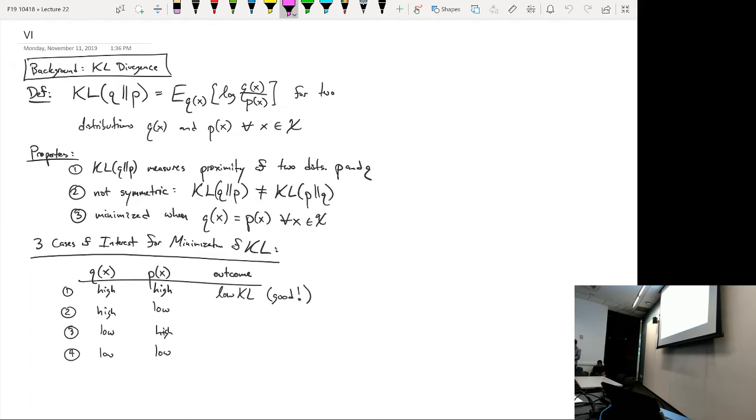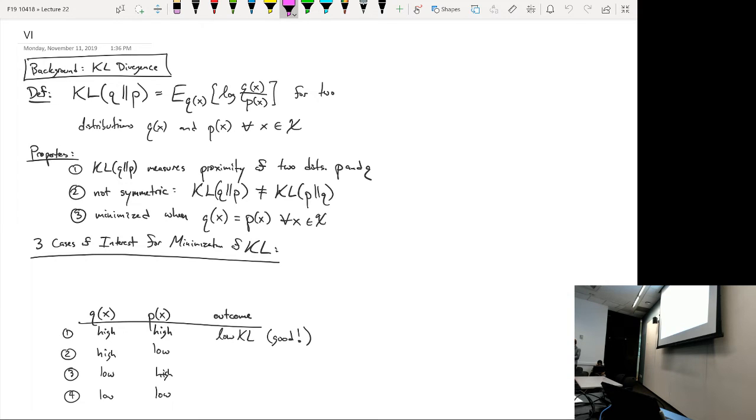Basically, what I mean is, keeping all else constant, consider a particular x prime and its effect on KL.